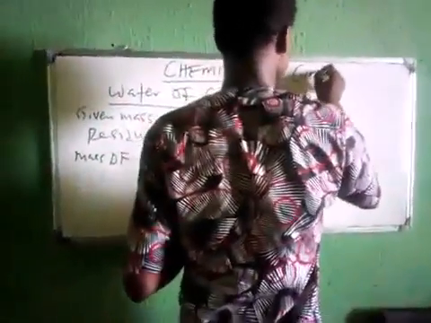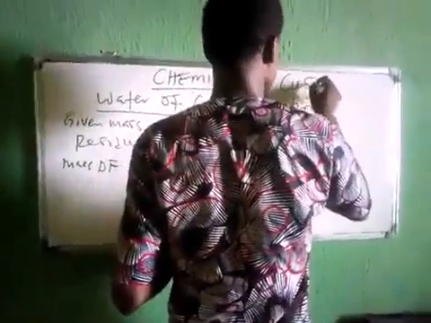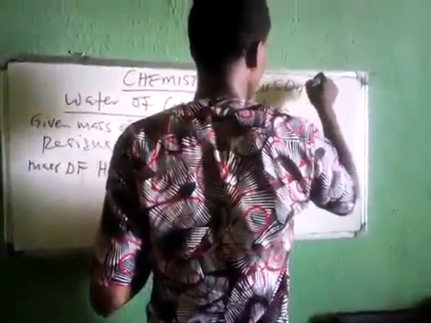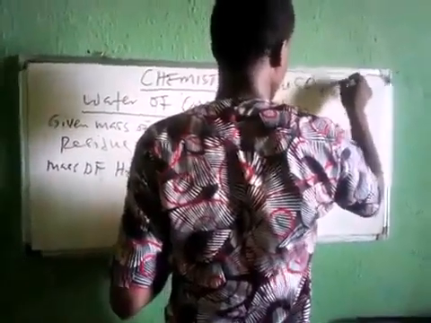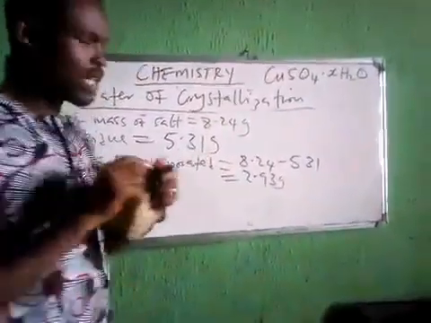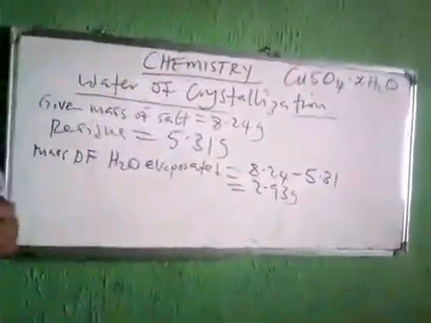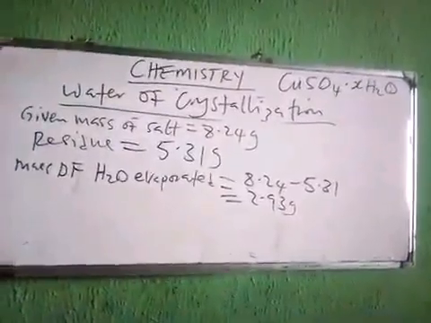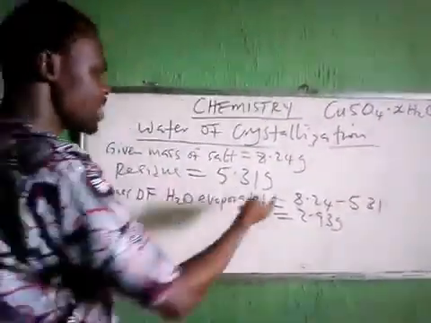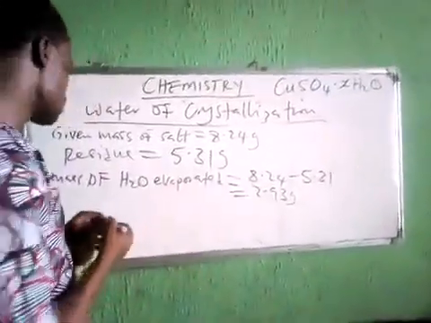Now remember that the compound you are looking at is CuSO4.xH2O. The x is the water you are asked to look for. Another thing you need here is the molar mass of the anhydrous salt.